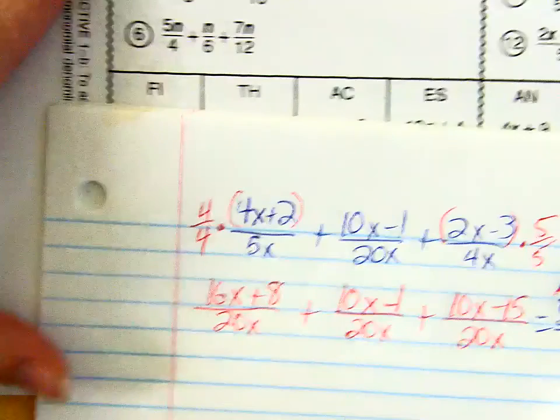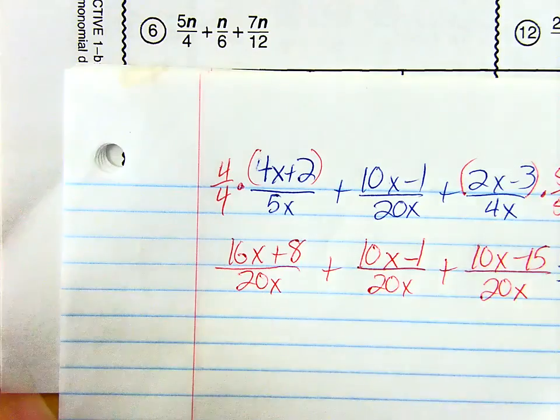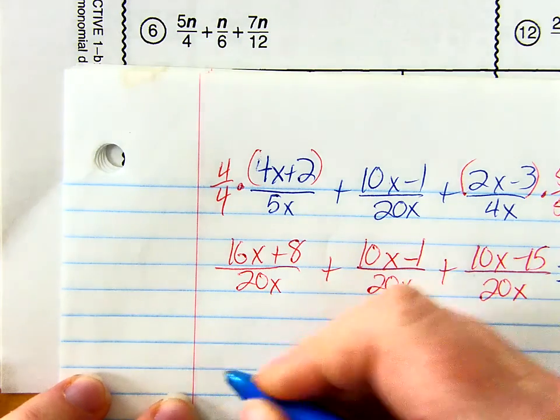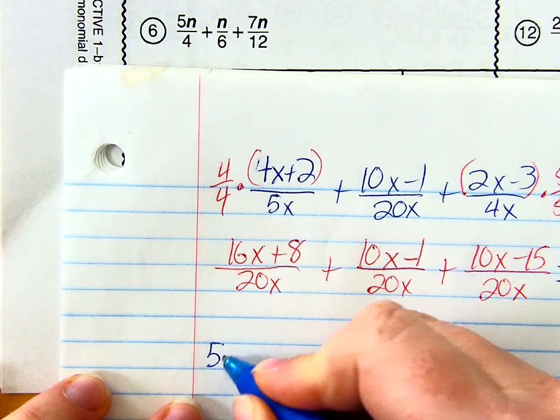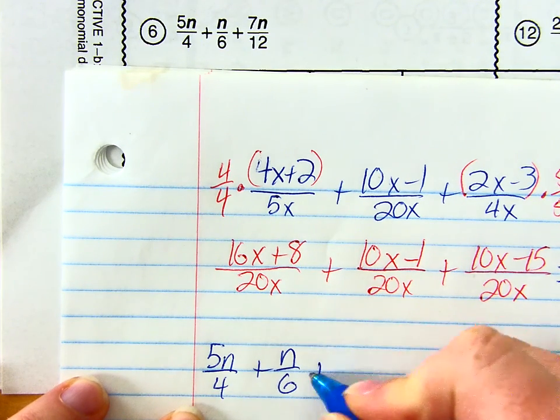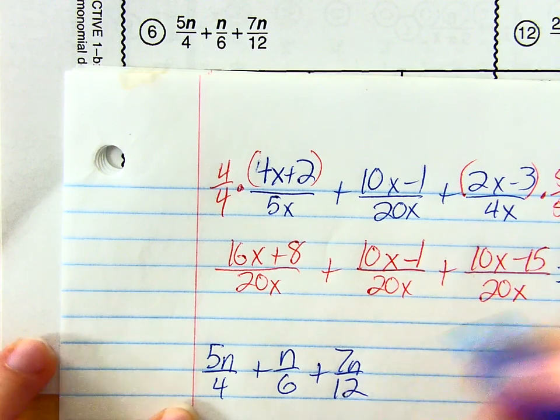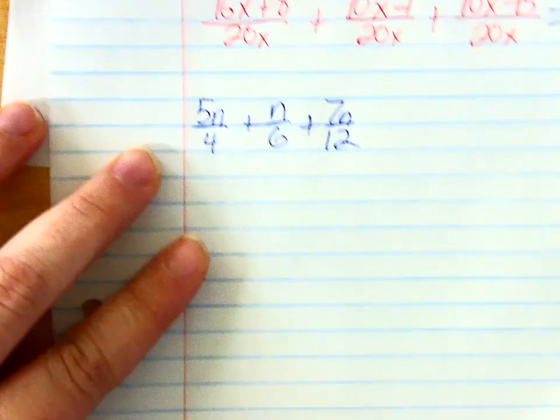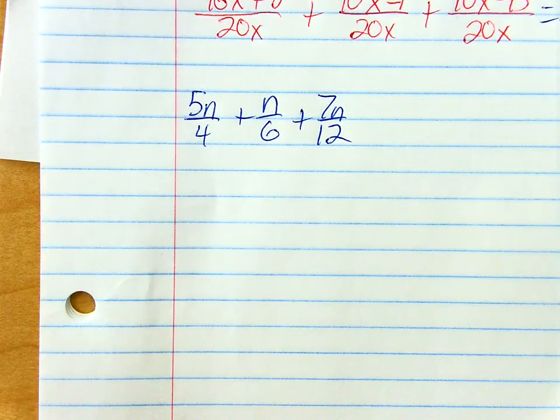6. I will rewrite it and then I'll move this whole thing up. So, number 6 says 5n over 4 plus n over 6 plus 7n over 12. So we want to add this together. What will my common denominator be? 12.